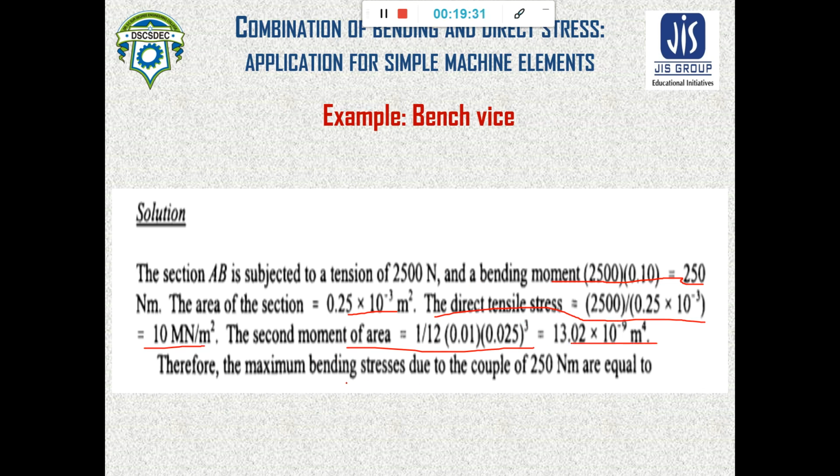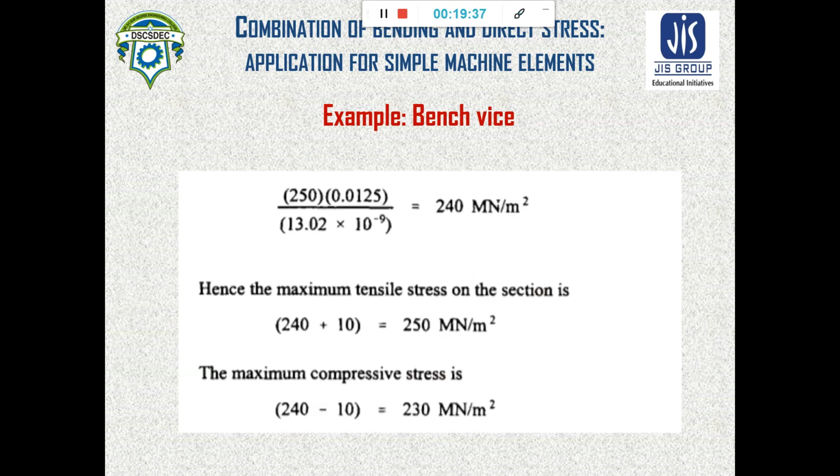So the maximum bending stress due to the couple of 250 newton meter, the bending stress value is M by Z, and that value can be very easily found out, that value is 240 meganewton per meter square.